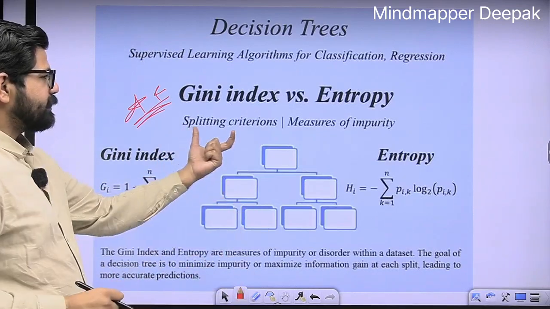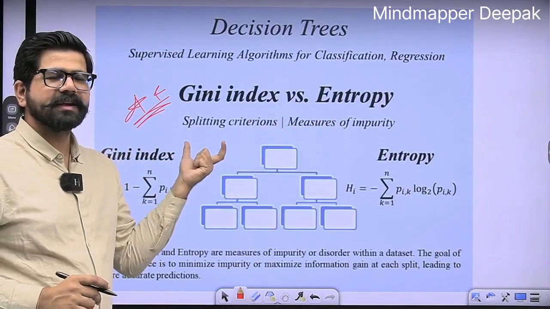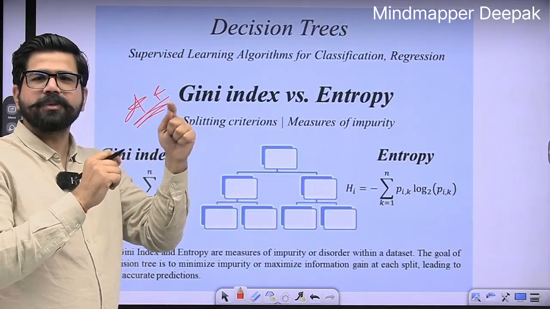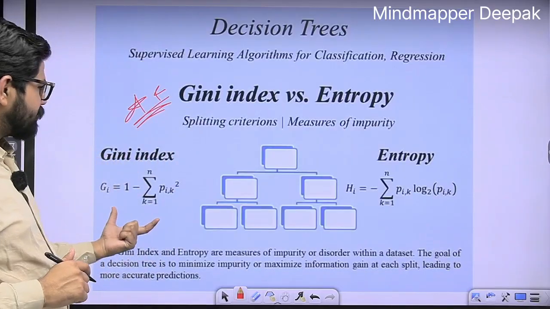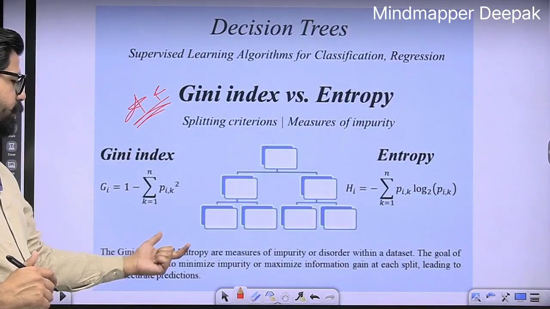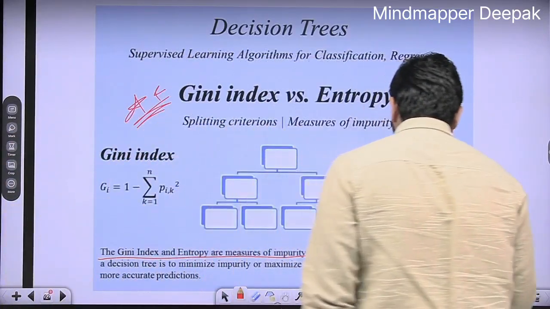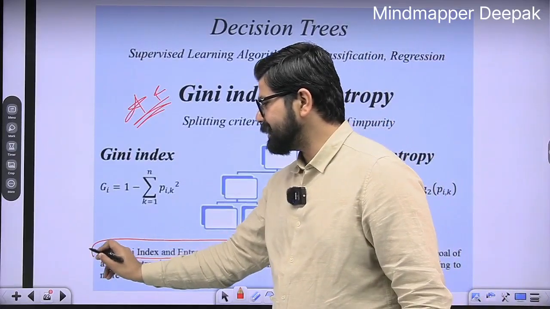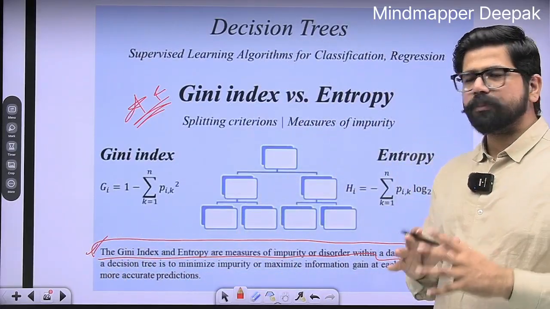For splitting criteria, entropy is the measure of impurity. The Gini index is used in splitting, to see how much impurity a split will have. We have discussed the Gini index formula and the entropy formula. Gini index and entropy are measures of impurity or disorder within a data set.